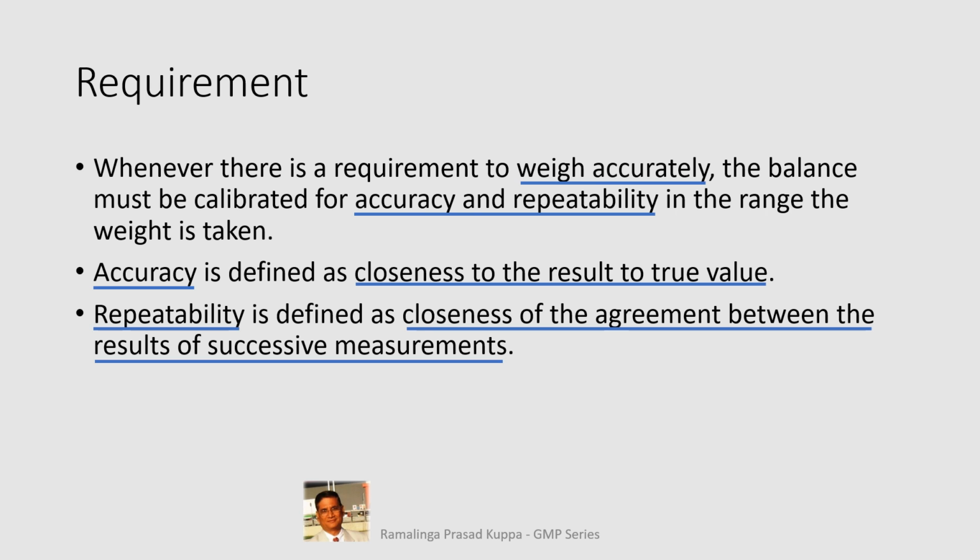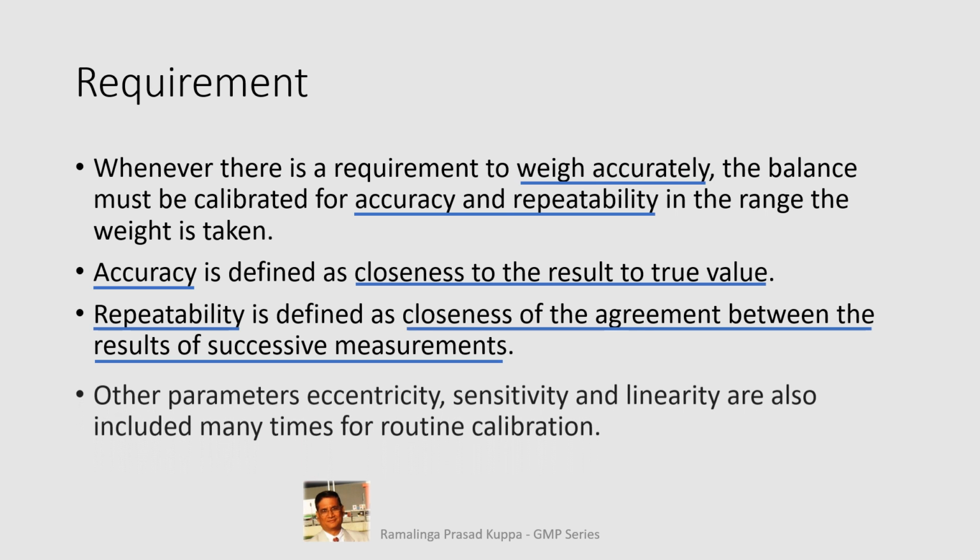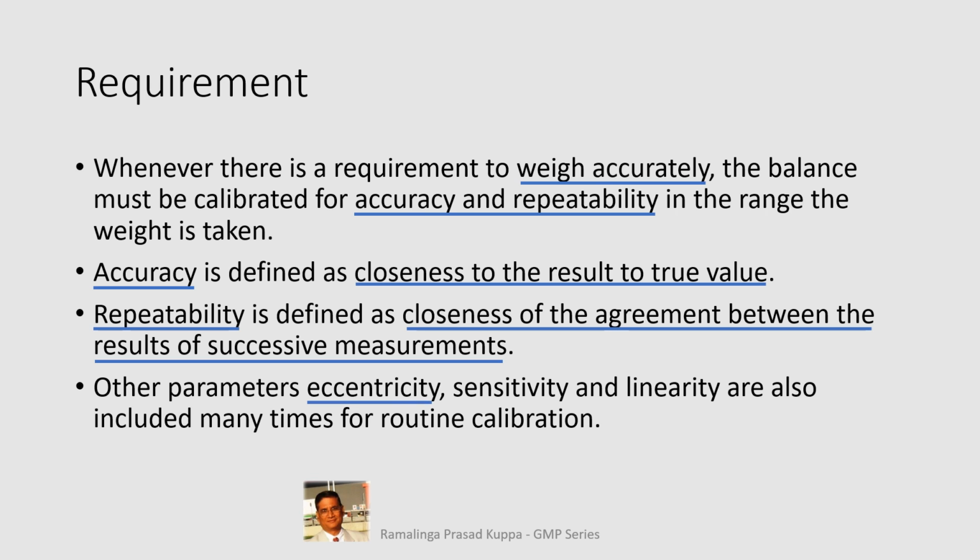So you should weigh only that smallest weight on that balance, where the repeatability does not go beyond 0.10%. This is important. Other parameters, eccentricity, sensitivity, and linearity, are also included many times for routine calibration.